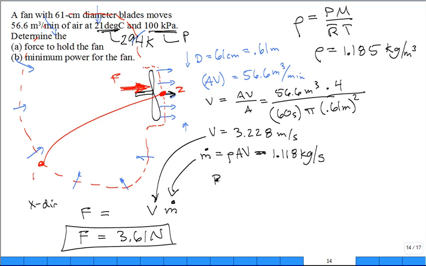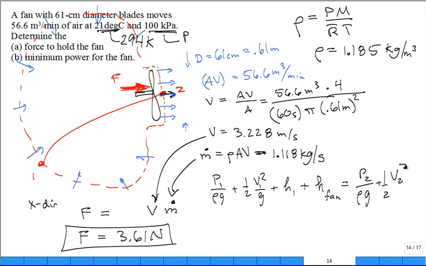So it's going to be P1 divided by rho g plus V1 squared divided by 2g plus H1, well, that's elevation, plus the head introduced or gained by the fan, because the streamline goes through the fan, and so that's a gain, is equal to P2 divided by rho g plus 1/2 V2 squared divided by g plus H2. There's a modified Bernoulli.